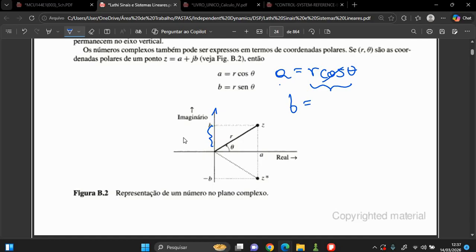So right here, if you multiply the vector r by the sine of theta, we will get this part right here, which is the vector decomposed.